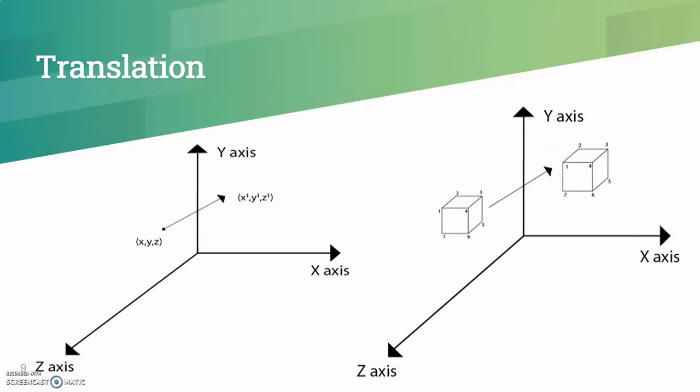So three-dimensional transformations are performed by transforming each vertex of the object. So suppose an object has 5 corners, then the translation will be accomplished by translating all 5 points to a new location. So here the first figure shows the translation of a point and the second figure shows the translation of a cube. Okay.